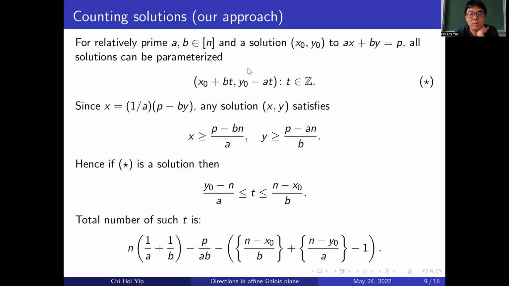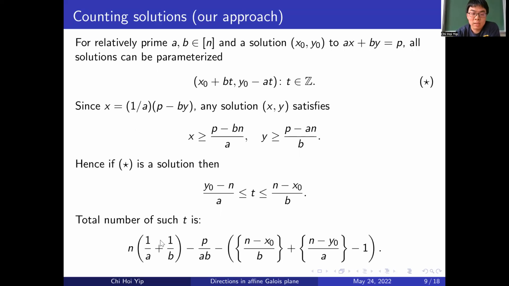Then we can introduce a parameter T, and write all solutions in this form. Because we need our X and Y to be between 1 and n, we have a few inequalities. We can see that if T is in this interval, then it gives rise to a valid solution.